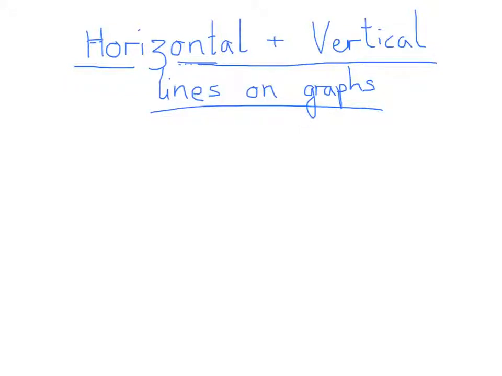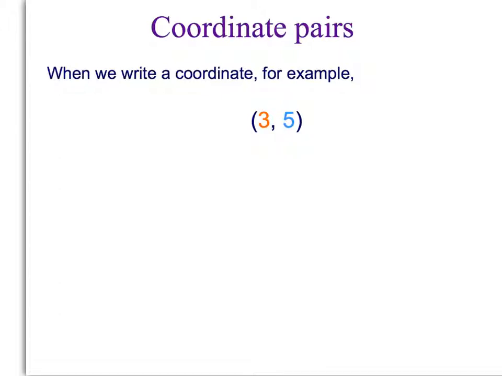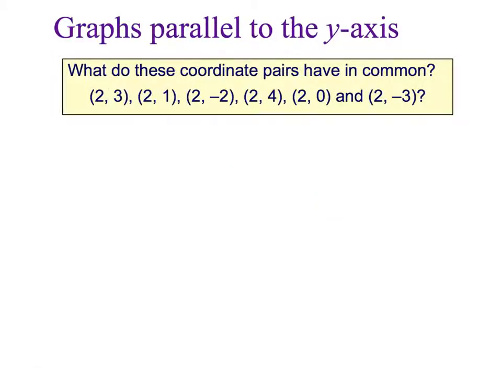Let's look at horizontal and vertical lines and what they're called on a graph. Every coordinate has two parts. It has an x and a y element. If we look at these coordinates, hopefully we notice a connection.